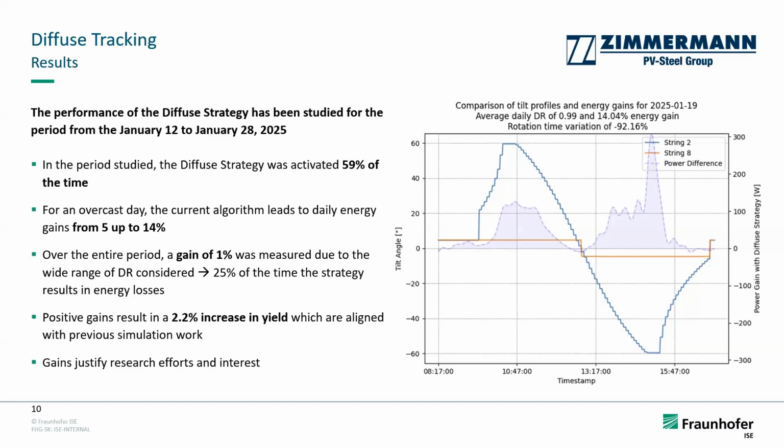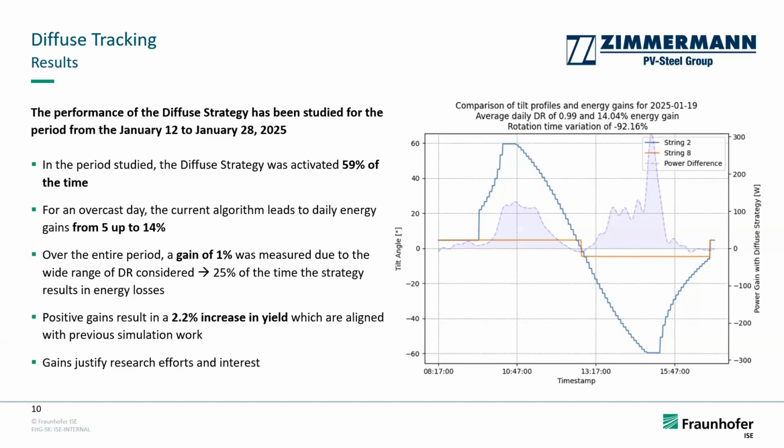If we look at the whole period, then the gain is of 1%, which seems a bit low, but that is because we decided to be quite broad with the diffuse ratio for the condition of activation, considering a diffuse ratio of 0.5. So we noticed that there are some periods of time in which the diffuse strategy is resulting in a loss. So going to stow position is not ideal because we are losing part of the direct normal irradiation that is coming.